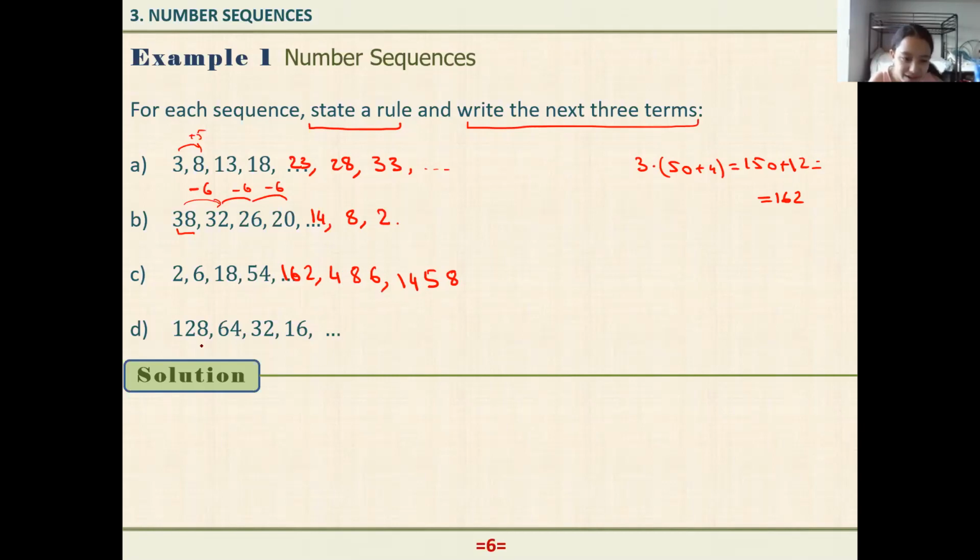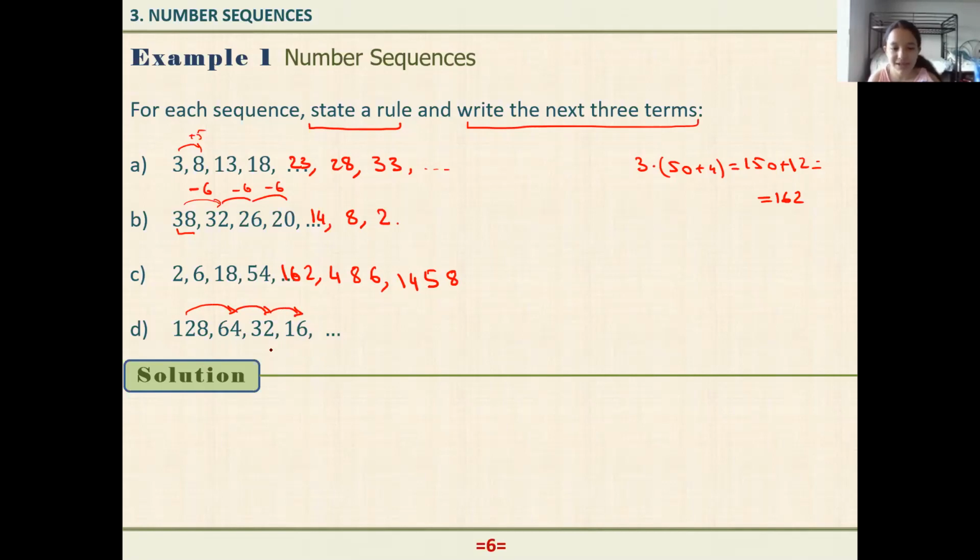Okay, Shahina, how about the last example? Can you say the rule for this number sequence? Oh, I get it.